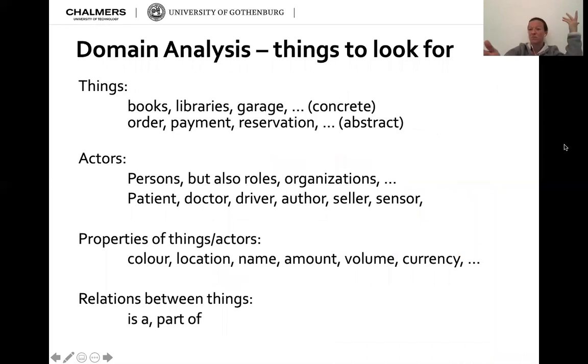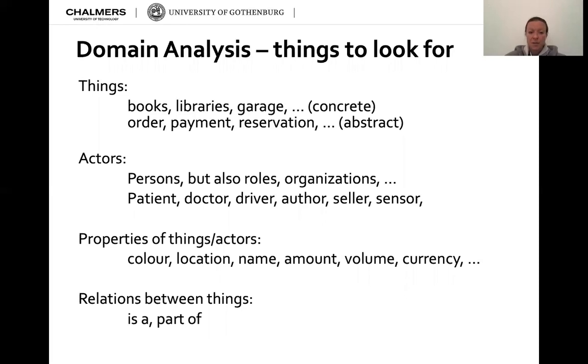So what do we look for when we do this? There are things, for example, books, libraries, garages. Those are very concrete things that we can touch in the real world. And then there are other things like order, payment, reservation that we cannot touch in the physical world, but, well, we can touch a piece of paper if it's on there, but the concept is a little more abstract.